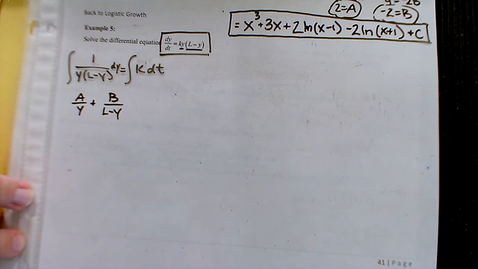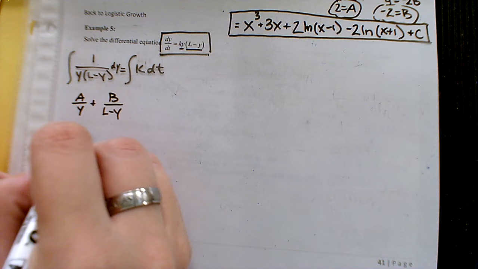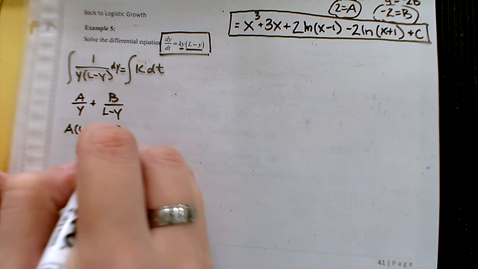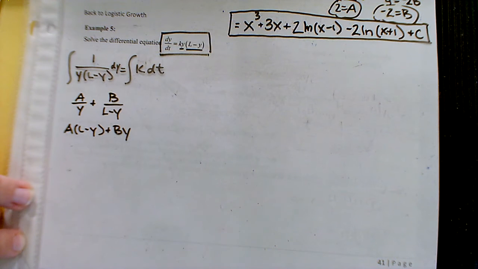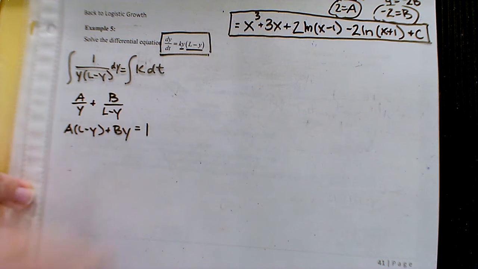If we were to actually add those together, we'd have to multiply the opposite denominators. And that should equal the numerator from the integral, which would be 1.